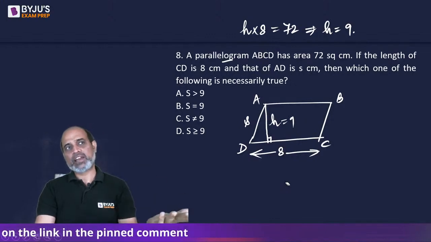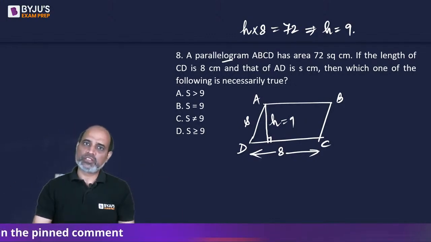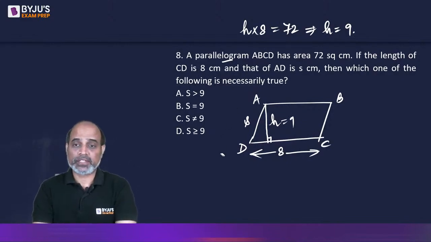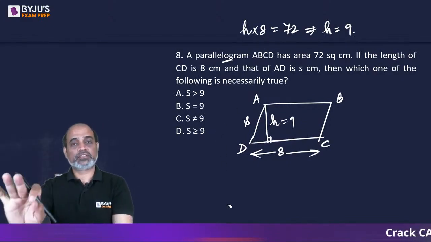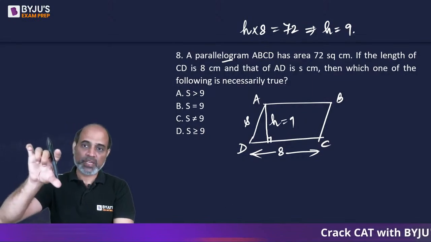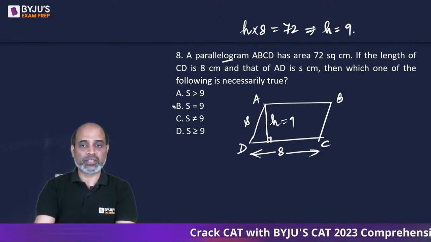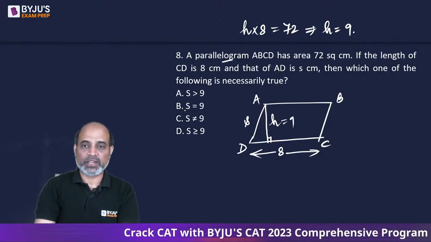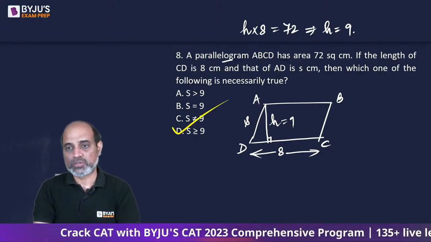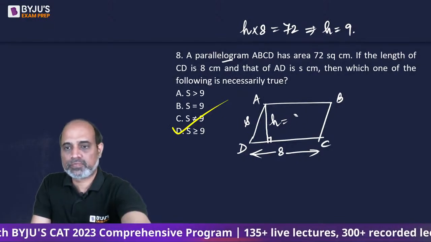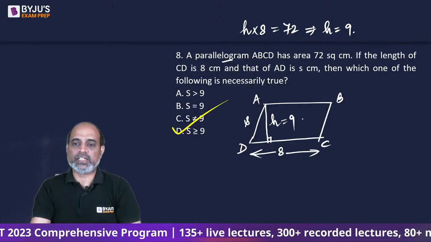So when we are talking about parallelogram, we are talking about all the other 3 quadrilaterals as well. So we can say that the minimum height is going to be 9, which is the side S, and it can be more than that. So ये 9 या 9 से तो बड़ा ही होगा. So 9 is inclusive here. D is going to be the answer.